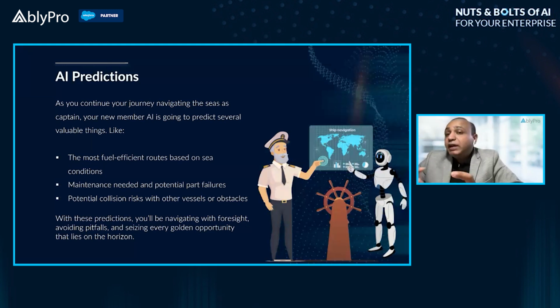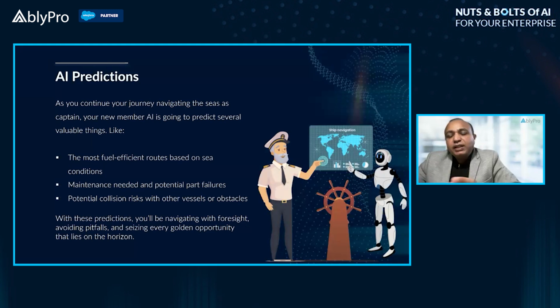He also needs to understand whether his maintenance parts, or the parts that are being used in the ship, are perfectly working fine, or is there any potential that a part fails? So AI can obviously help and predict that. And you can obviously fix those parts so you don't face any kind of blockers within your journey. Potential collision risk with other vehicles, because AI is going to direct you to that path.